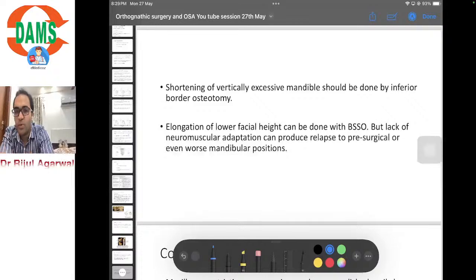That's why the concept of distraction osteogenesis came up. If you need to advance the mandible beyond some length, distraction osteogenesis is the most commonly preferred procedure.